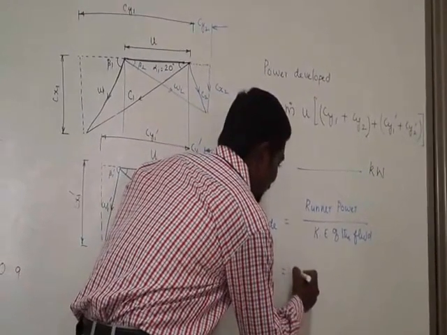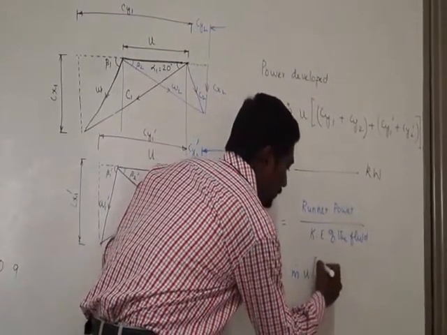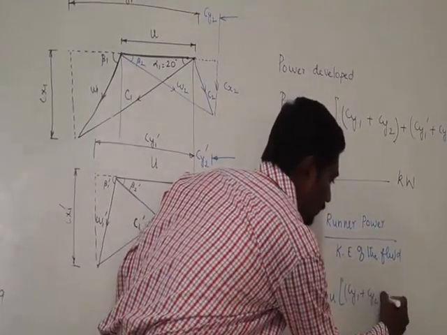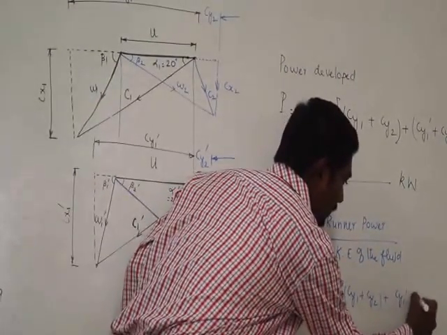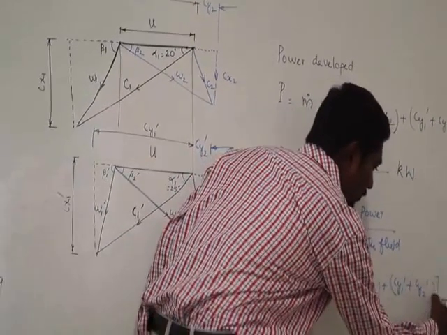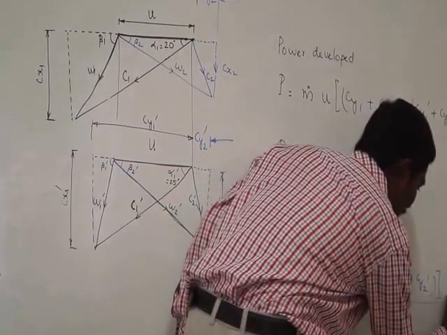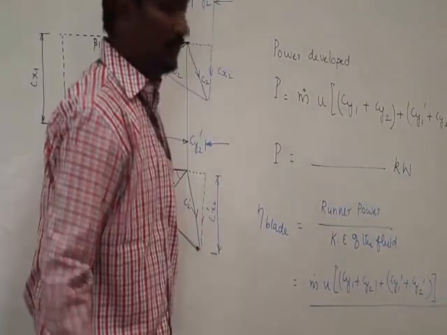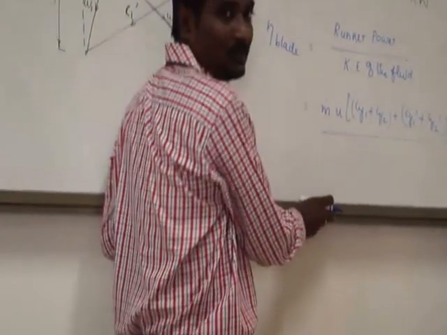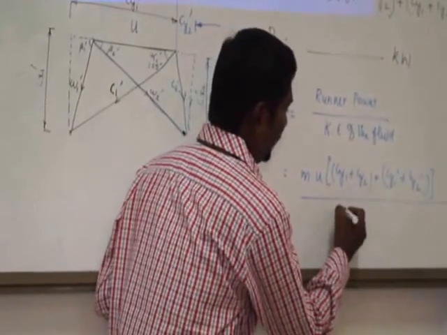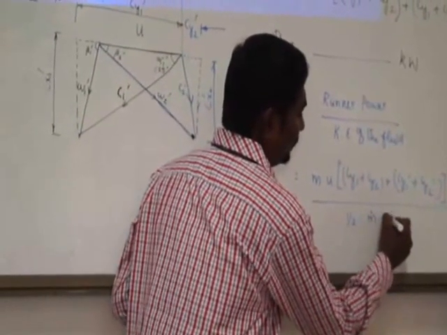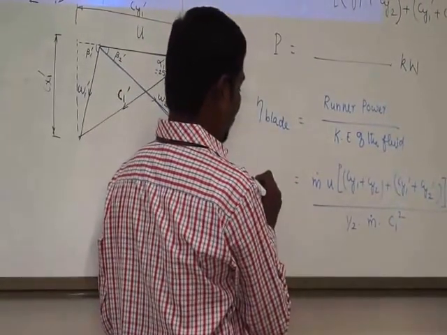So runner power is m dot into U into C1 plus C2 for the first row of the moving blade, plus C1 prime plus C2 prime for the second row of the moving blade, divided by the kinetic energy of the fluid, which is half m C1 square.